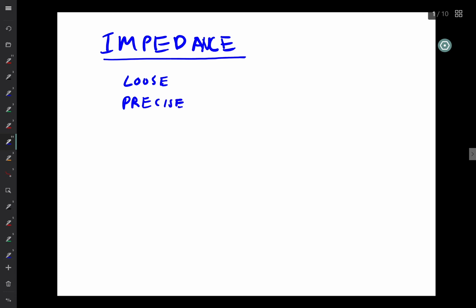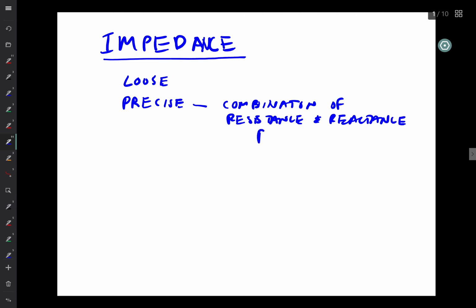In the most precise sense, basically it is the combination of resistance and reactance. Basically, this involves resistors, and this involves inductors and capacitors.